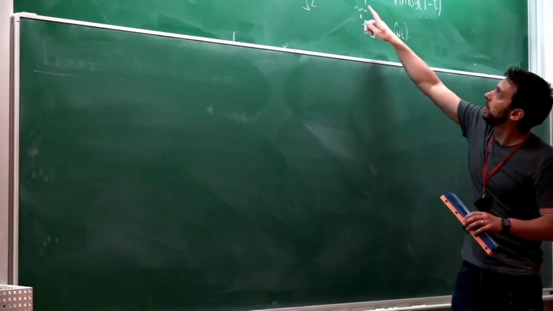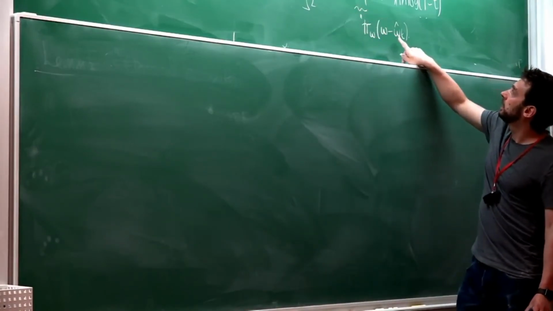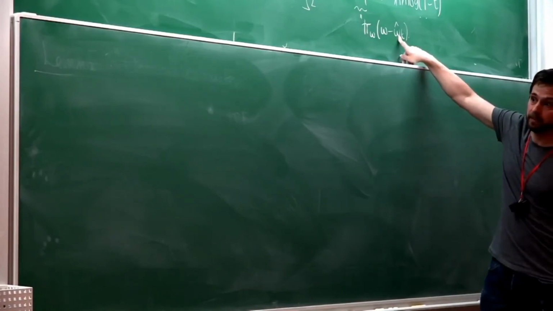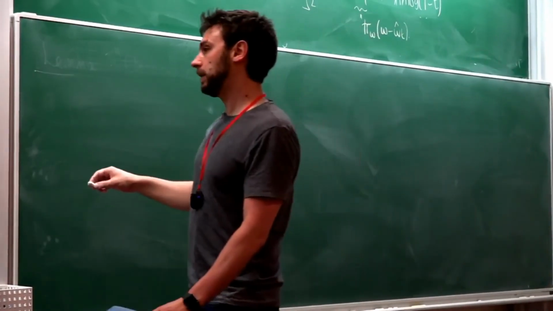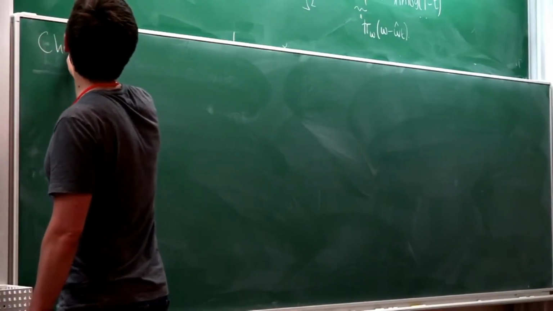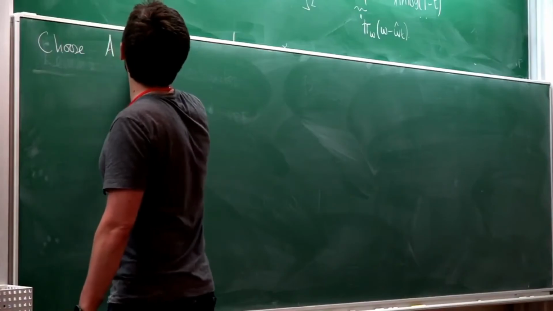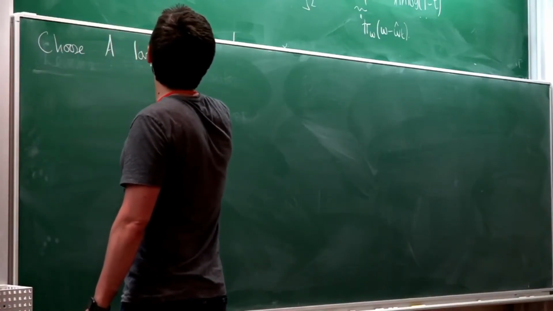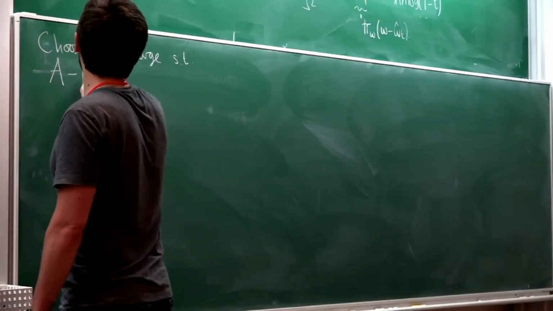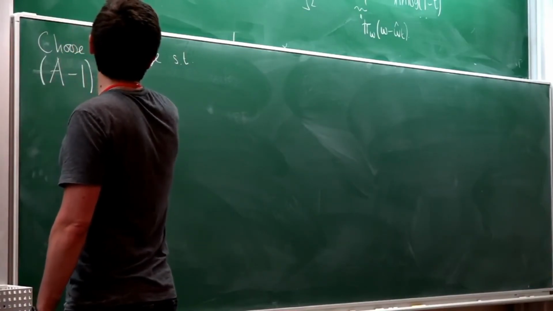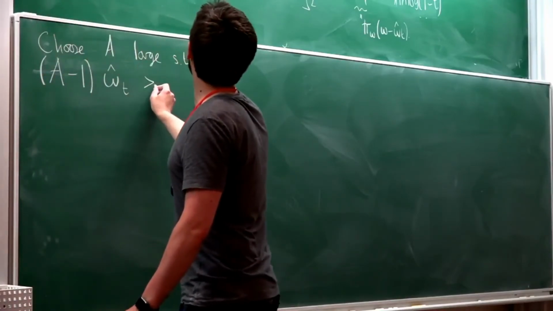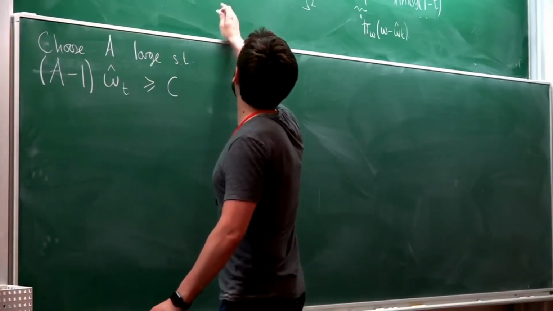I get a good term, which is like capital A times minus the trace with respect to omega of omega hat t. But I want to choose A large enough, A is some constant, so that A minus 1 times omega hat t bounds, I want to kill this term.